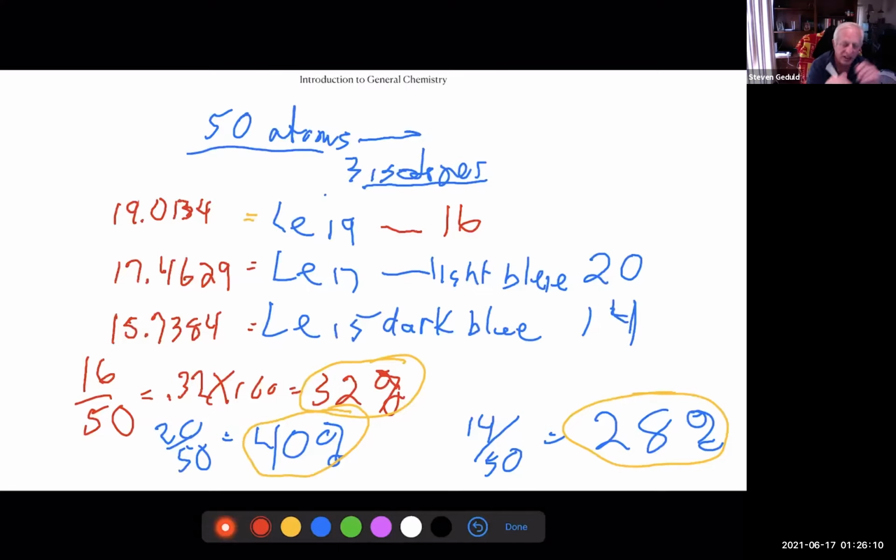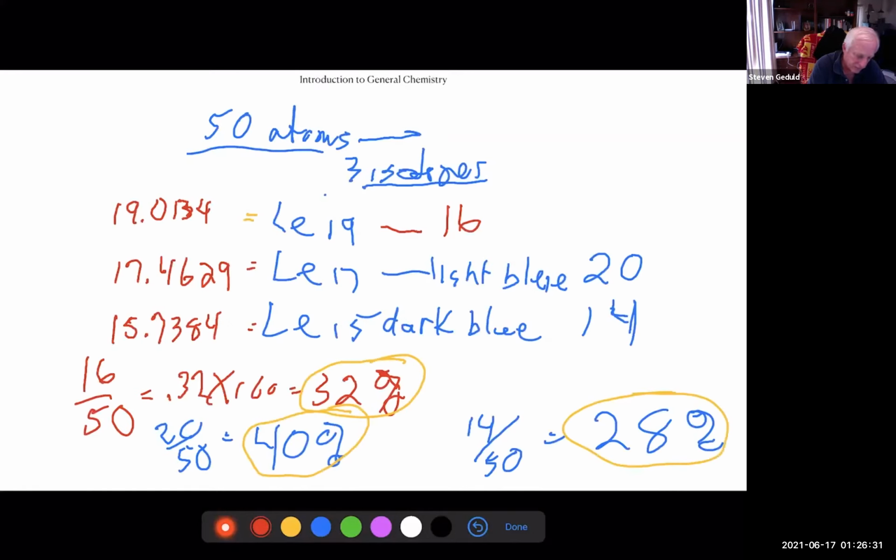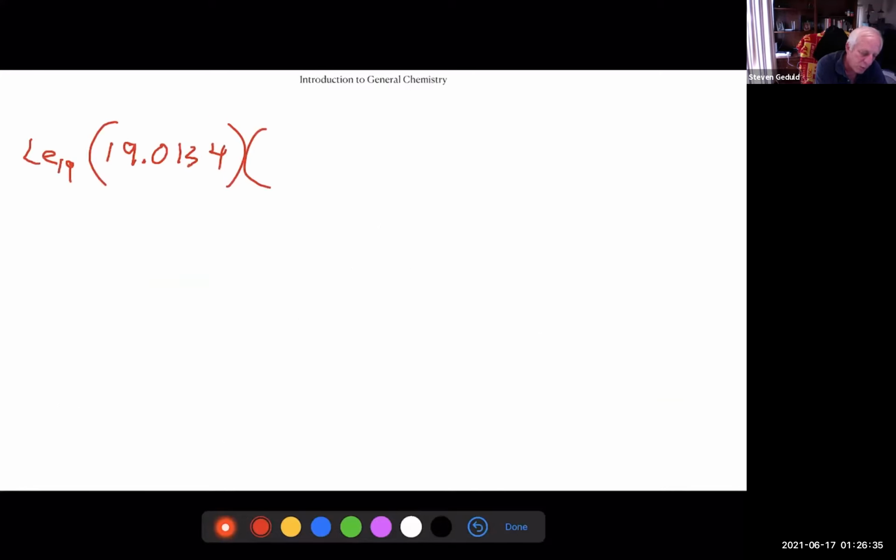So let's do Le19. Le19 is 19.0134. The percentage of Le19 was 32%, so the fraction is 0.32.